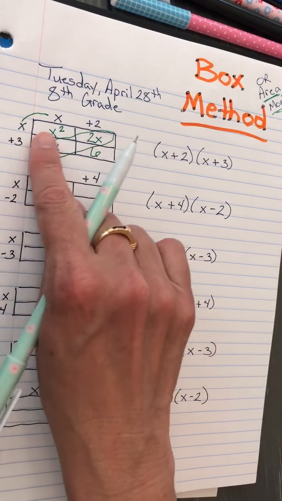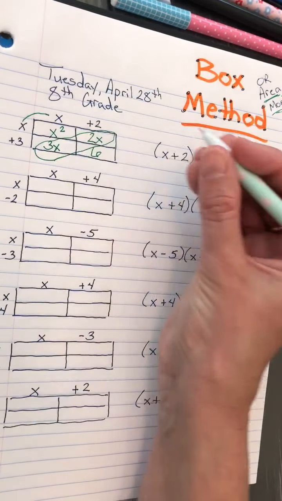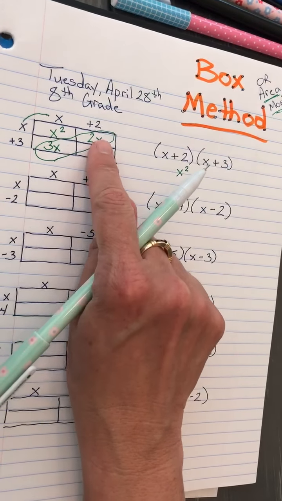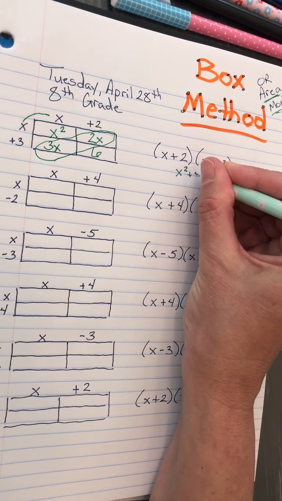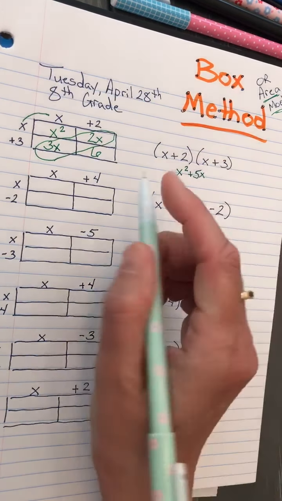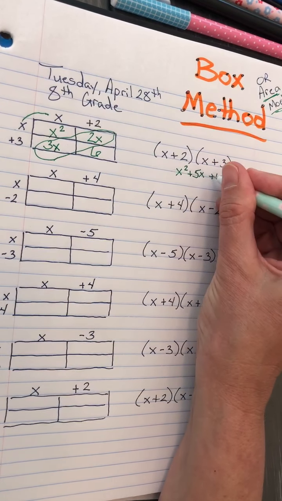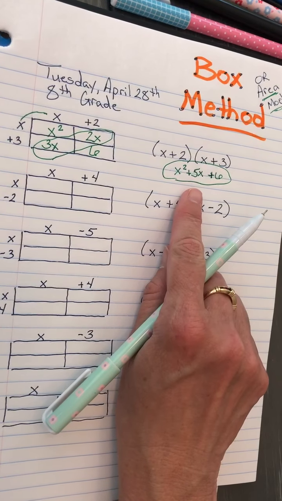Once we have these answers, we're going to combine like terms. So we would have x squared. We would combine 2x plus 3x, which would give us 5x. And then our constant, plus 6. So this would be our final answer.